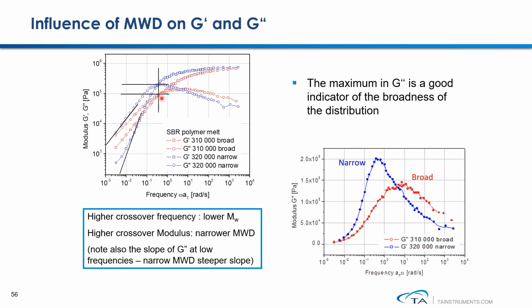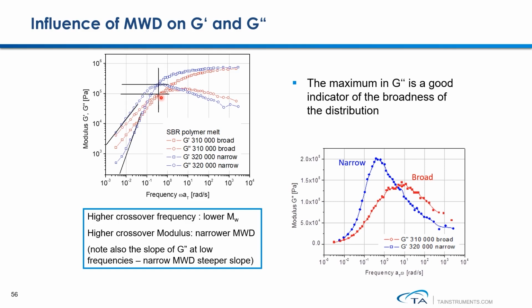The difference in G crossover modulus indicates that these two polymers have different molecular weight distributions. A polymer that shows higher G crossover modulus has a narrow molecular weight distribution. A polymer that shows lower G crossover modulus has a broader molecular weight distribution.